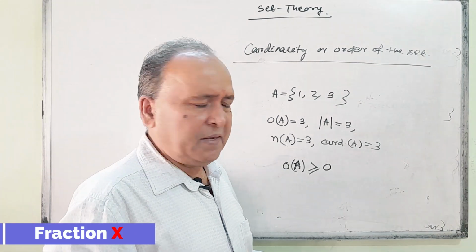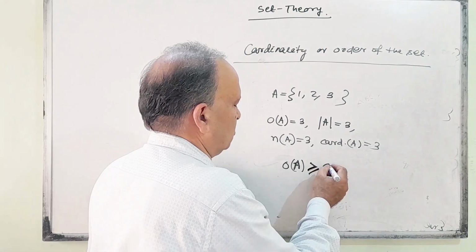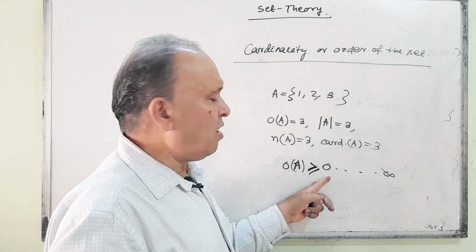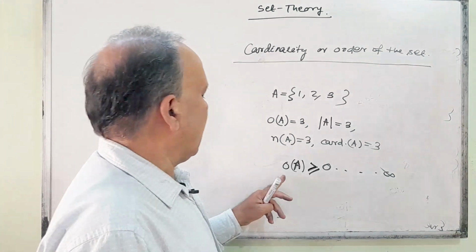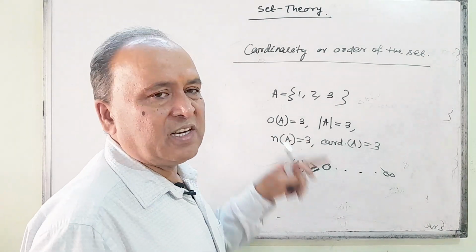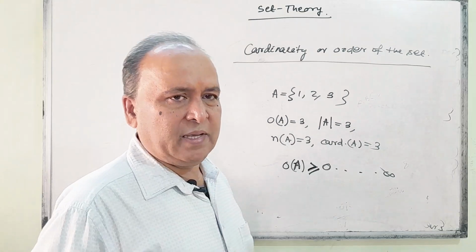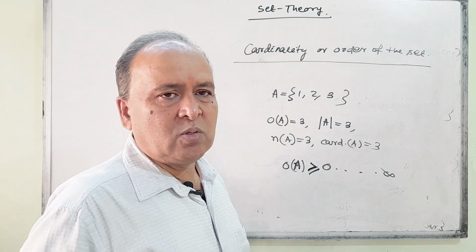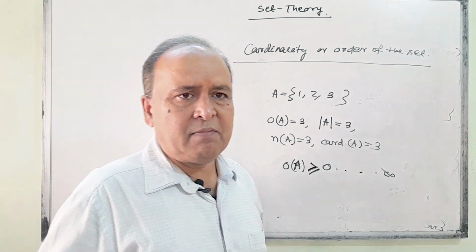Order is always a whole number, from 0 up to infinity. So this is called cardinality, and if order of A is equal to 3, then 3 is called its cardinal number. Remember, cardinality of a set is always greater than or equal to 0, and it cannot be negative or a fraction.